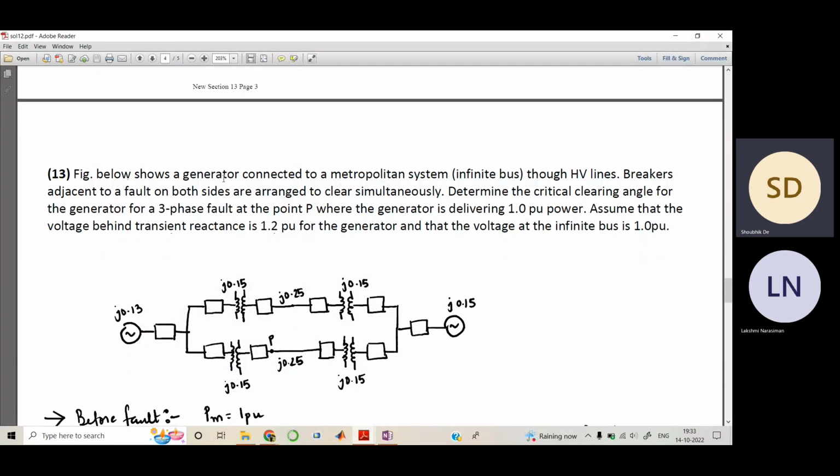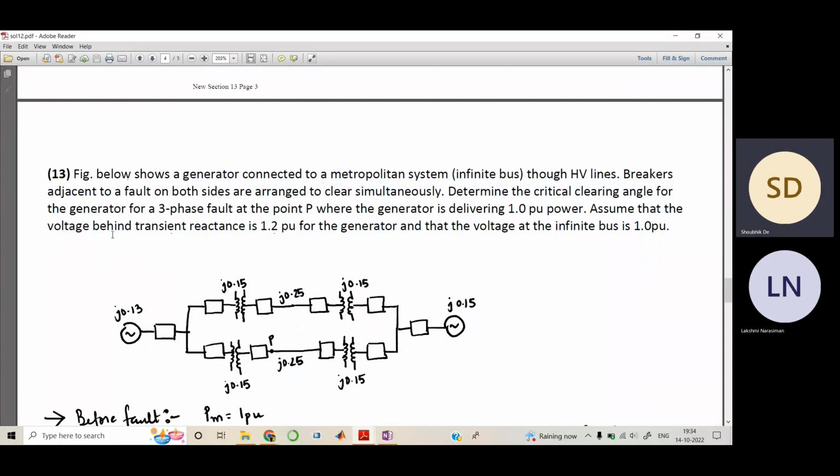The figure below shows a generator connected to an infinite bus through high voltage lines. Now you see these are all breakers. Breakers adjacent to a fault on both sides are arranged to clear simultaneously. Determine the critical clearing angle for the generator for a three-phase fault at a point P. So the fault is occurring here where the generator is delivering 1 per unit power, so your P0 becomes 1 per unit.